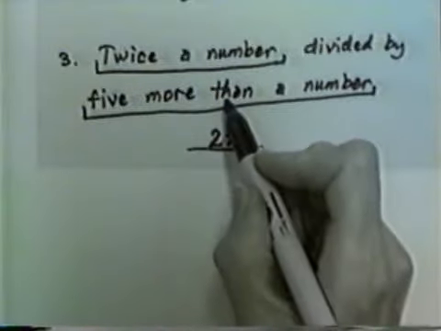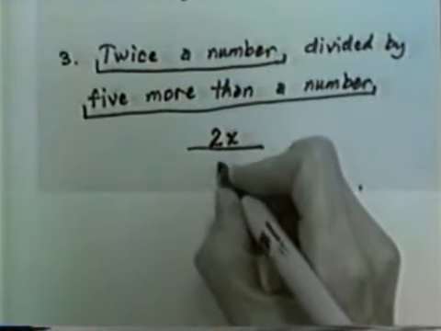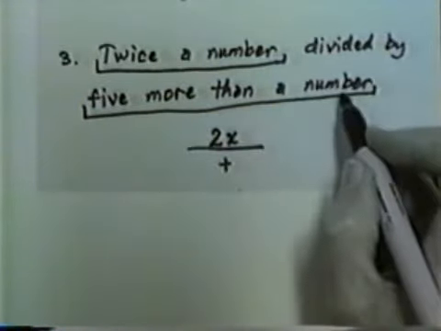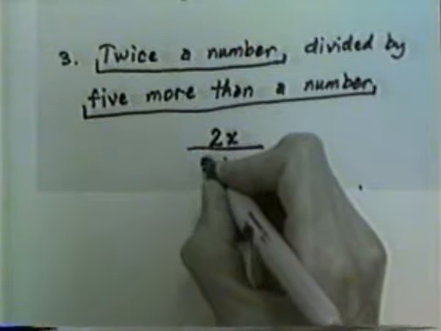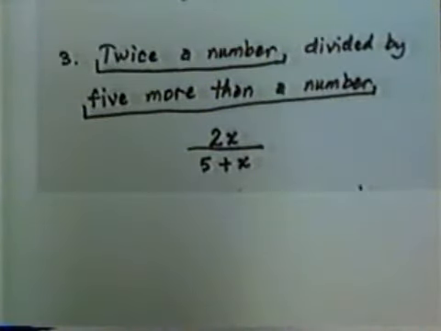It tells us we are adding, and so we'll add in this denominator. 5 more than a number, 5 plus x. Twice a number divided by 5 more than a number is 2x over 5 plus x.